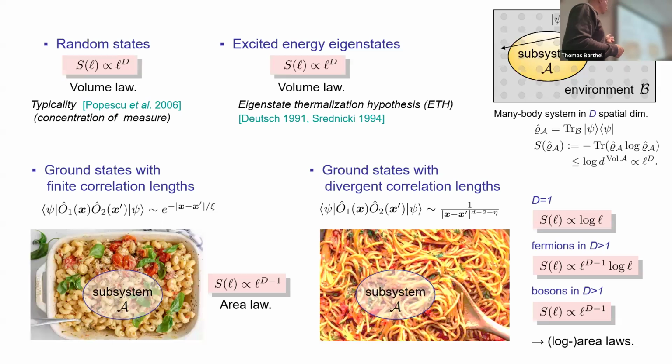We have to distinguish two cases. One, gapped systems. If you have an energy gap, then spatial correlation functions will generally decay exponentially in the distance of the two operators. Whereas if you have a critical system, then the correlation length can diverge at the critical point, which means that you get power law decay of correlations.